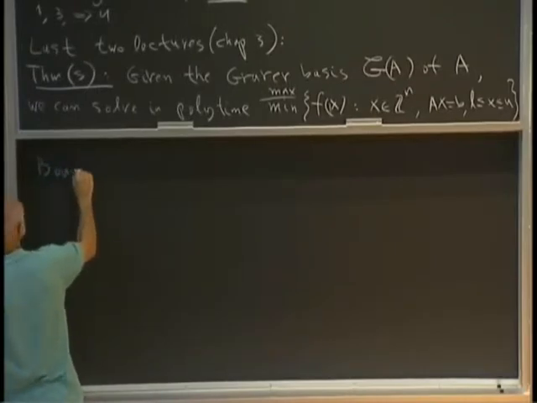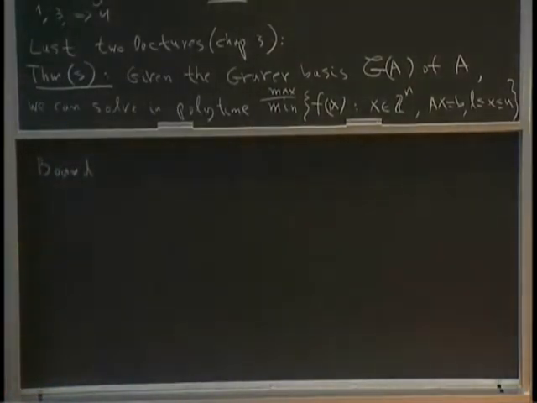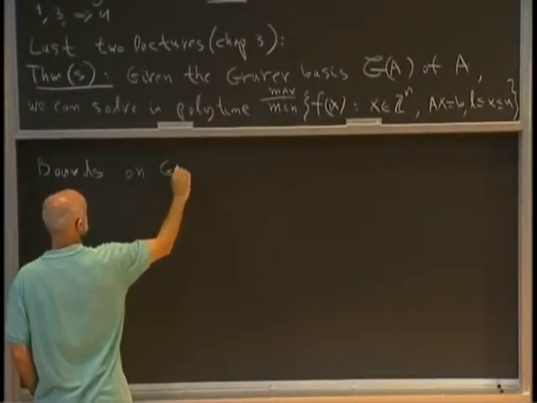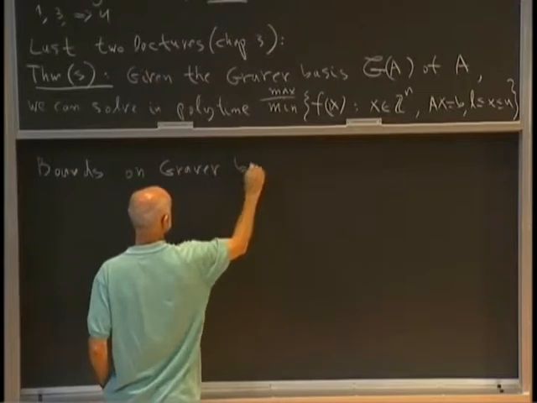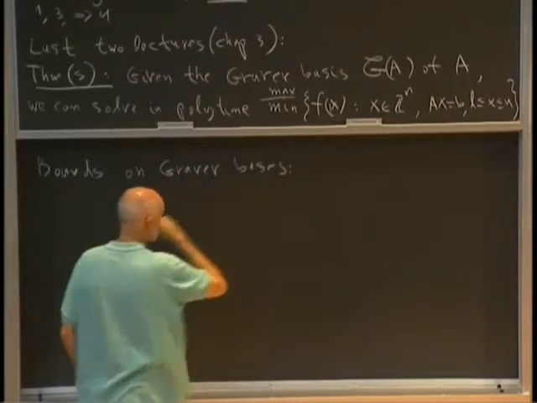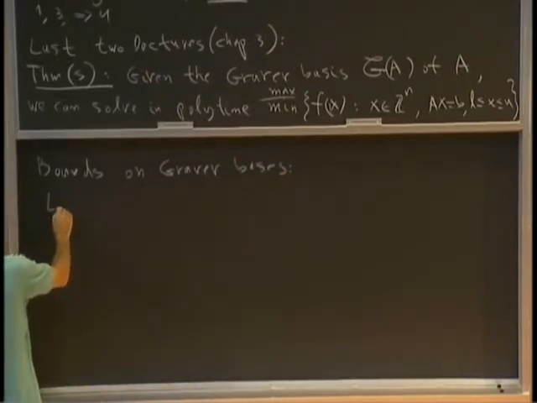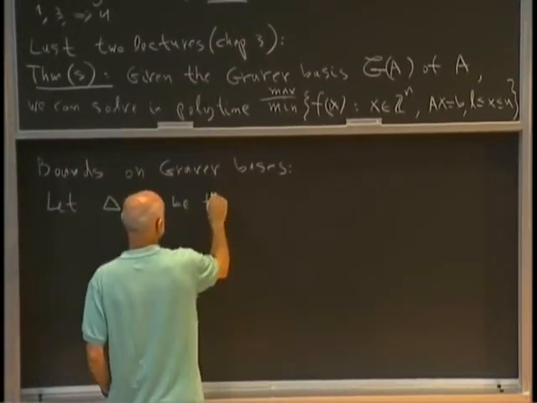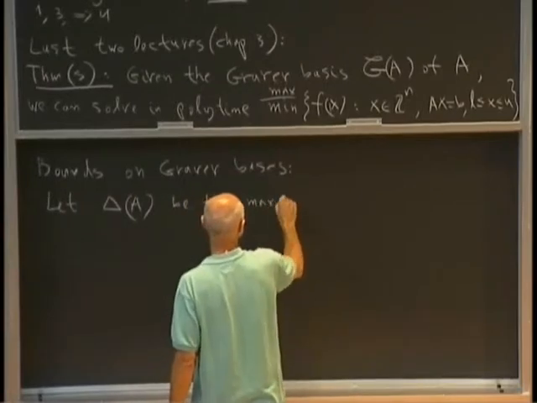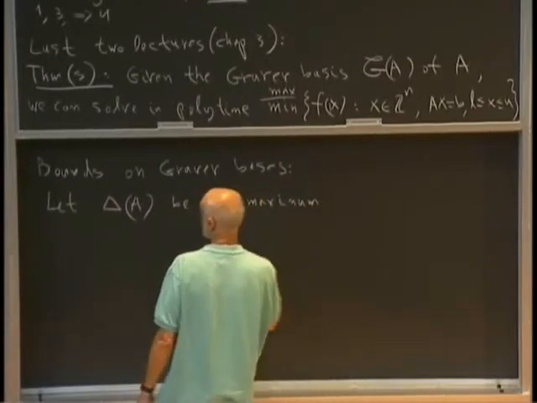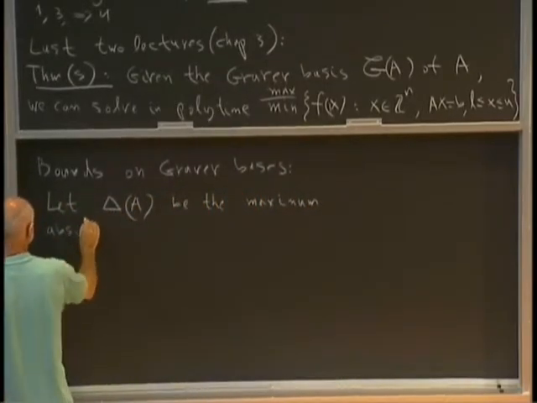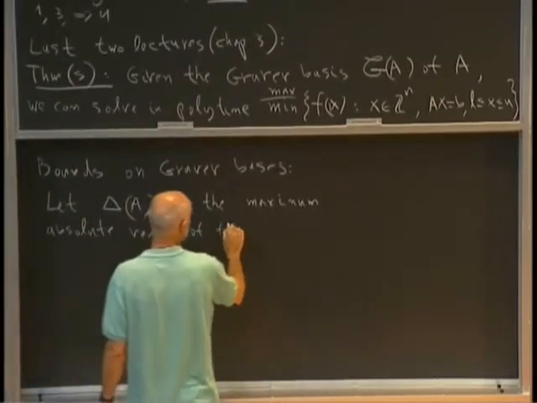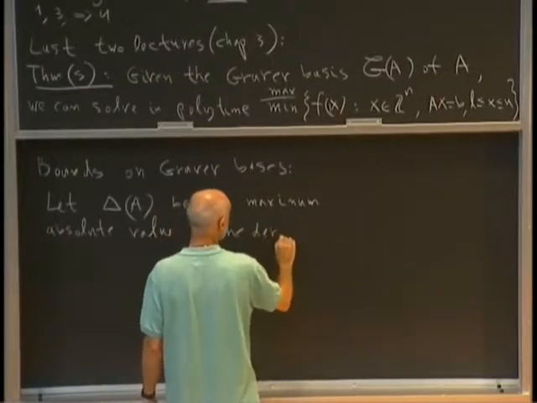This is still something from chapter 3, bounds on the Graver basis. If I have a matrix A, let delta A be the maximum absolute value of the determinant of a minor, the determinant of a square submatrix.